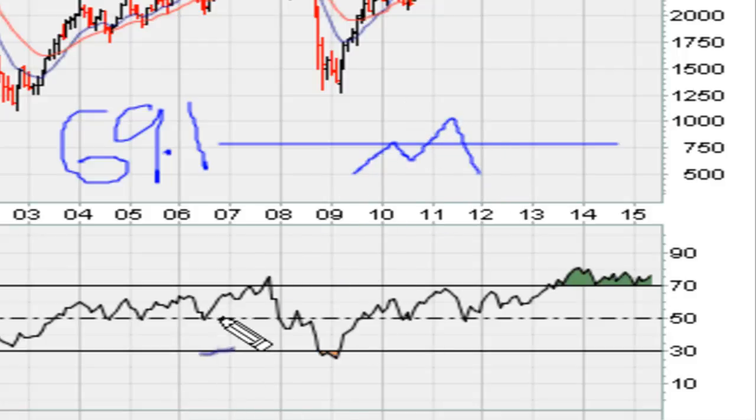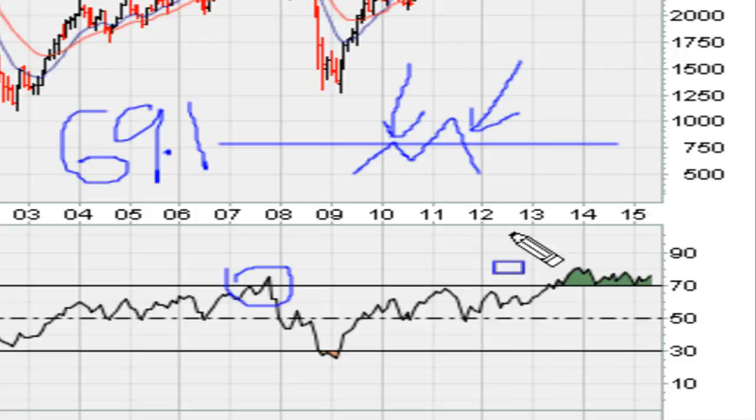So we can say that this period here was actually showing rejection at 69.1, uniform activity above 69.1 and back below it. That was confirmation because of this uniform activity here. We call that rejection.